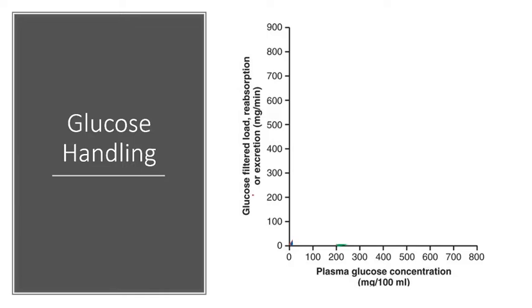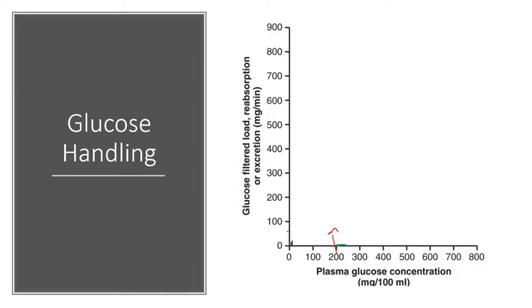This is the American unit, and I do have a graph later which is not as good, but has it in millimoles per litre rather than milligrams per deciliter. This 200 mark is about 11, so this here is a blood glucose of about 11.